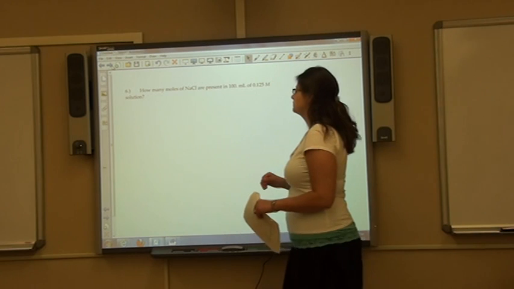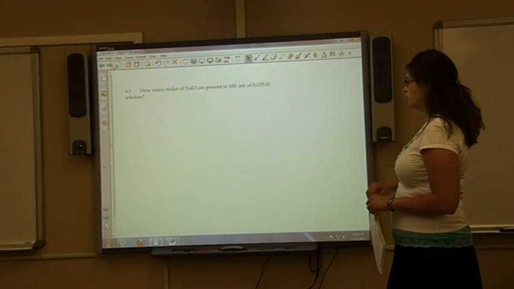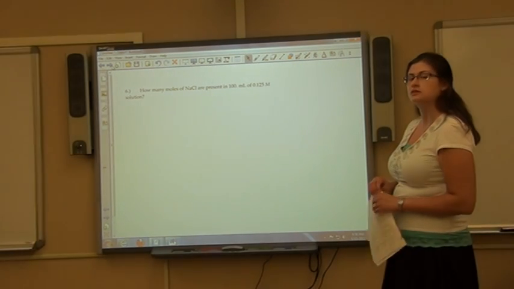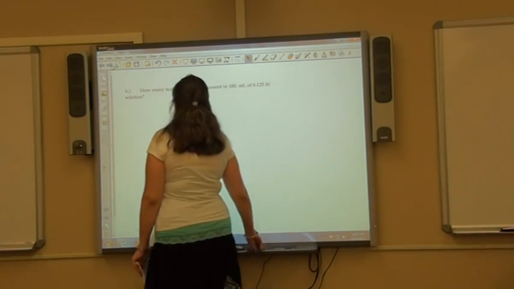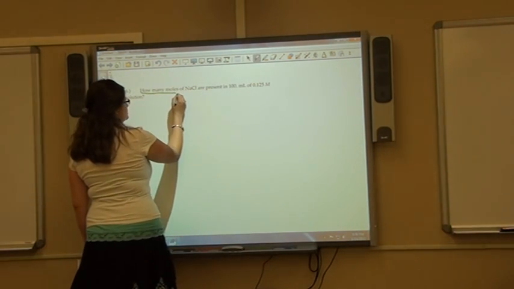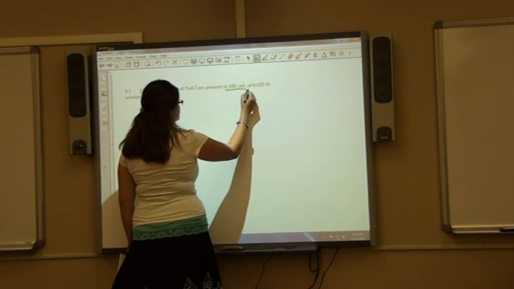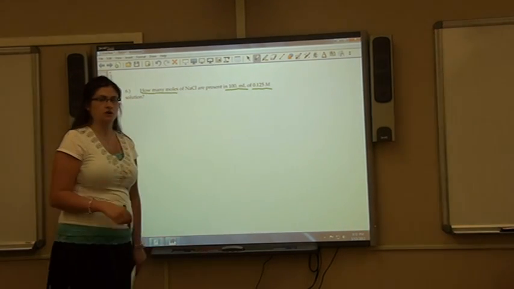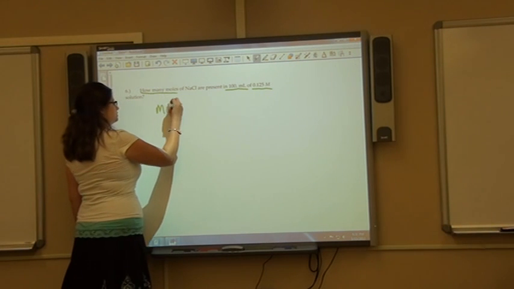Let's do number 6. How many moles of sodium chloride are present in 100 milliliters of 0.125 molar solution? Okay, how many moles are present in 100 milliliters of 0.125 molar? Let's work through the text. How many moles?